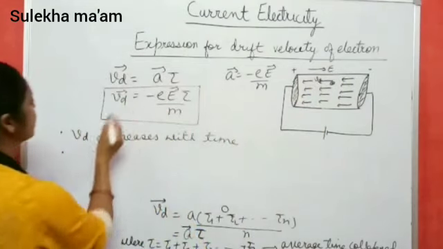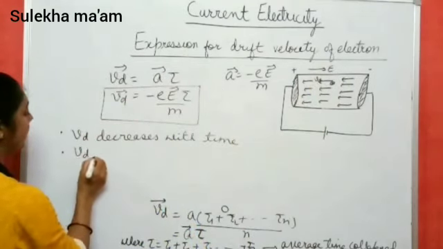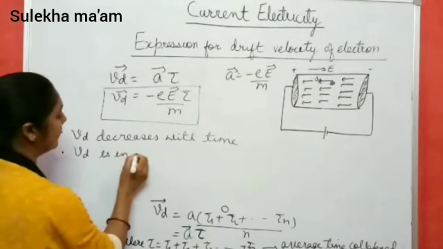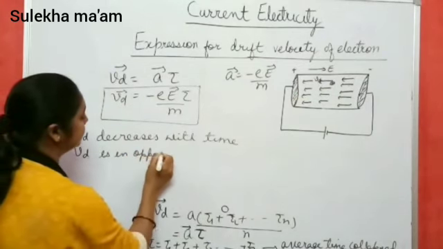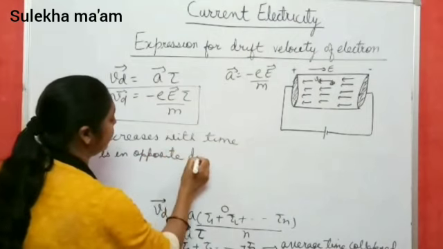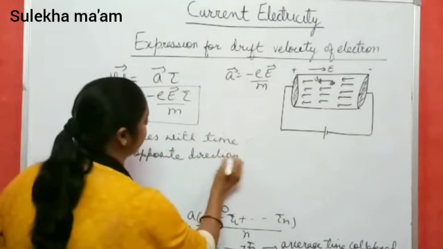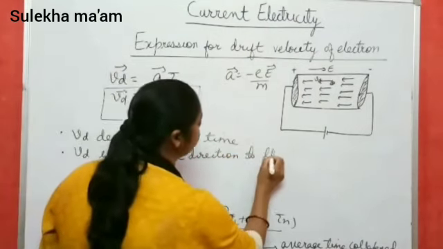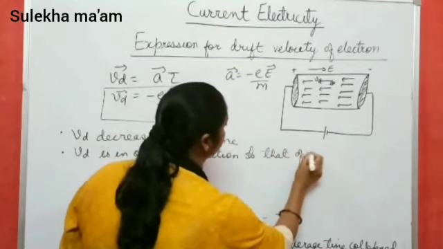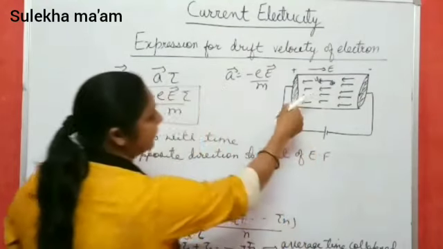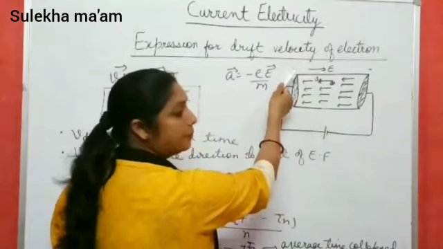This expression also shows that Vd is in the opposite direction to that of the electric field, because electrons drift towards the positive end.